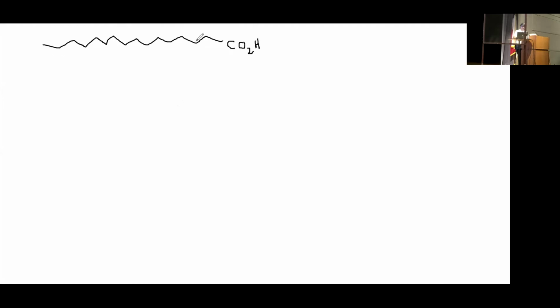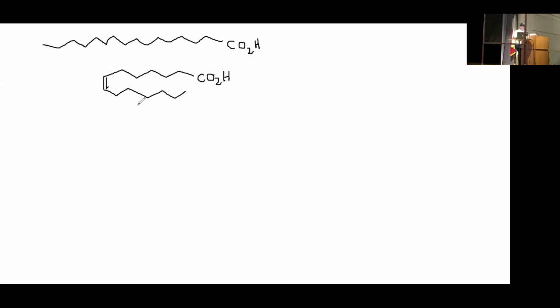Unsaturated fats means that there's at least one carbon-carbon double bond along the chain. And again, I don't happen to have any particular unsaturated fatty acids memorized, and I wouldn't want you to either. But one thing that's kind of interesting is that for unsaturated fats that occur naturally, for some reason, the double bonds are always cis.